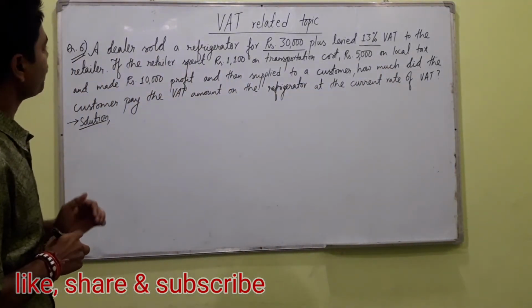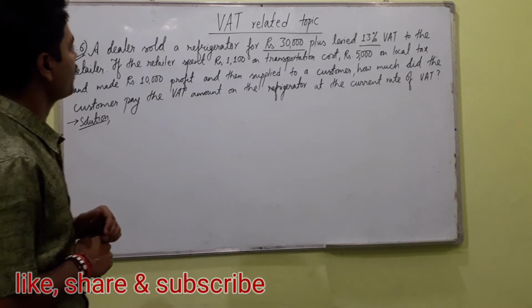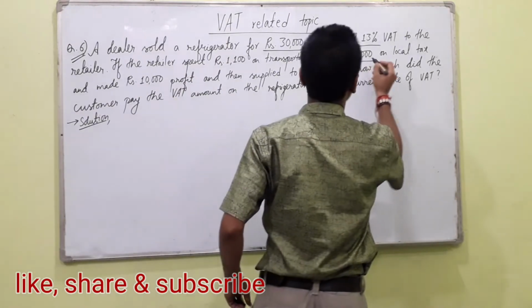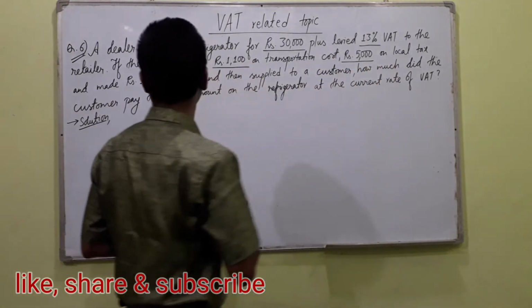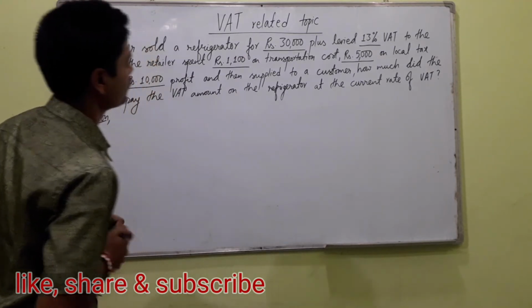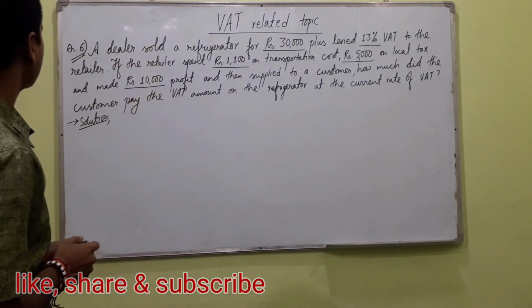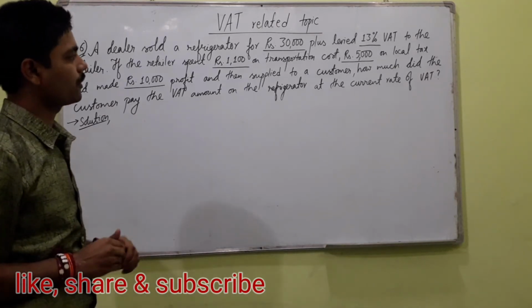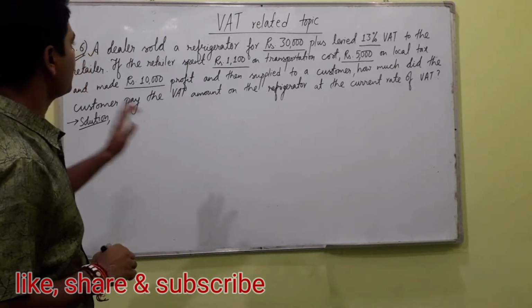If the retailer spent rupees 1,100 on transportation cost, rupees 5,000 on local tax, and made 10,000 profit, and then supplied to a customer, how much did the customer pay the VAT amount on the refrigerator at the current rate of VAT?